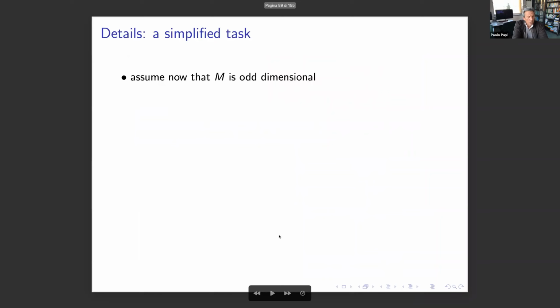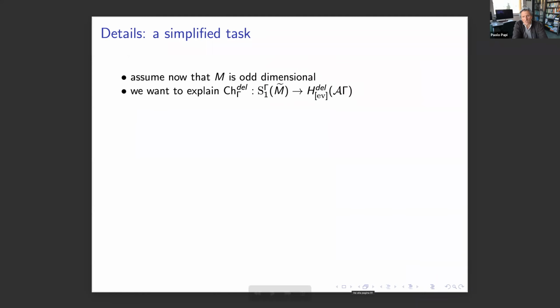Great. So, as I said, let me fix M odd dimensional. My goal now is to explain this map, the delocalized Chern character. Let me take the Cesàro closure of the operators of degree 0 with gamma-compact support. This is my notation for them.